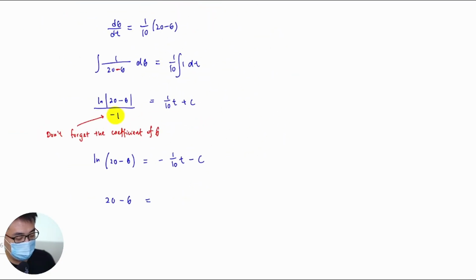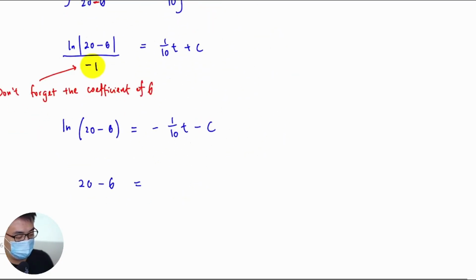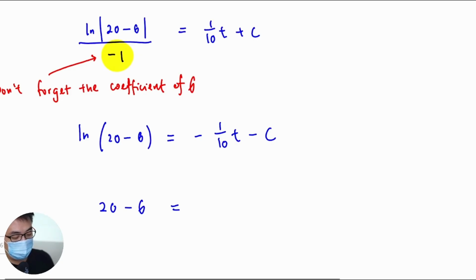You don't really need to put the modulus for the ln if you do not want to, because 20 minus theta is definitely more than 0. But if you want to, you also can. It doesn't really matter. This is it.